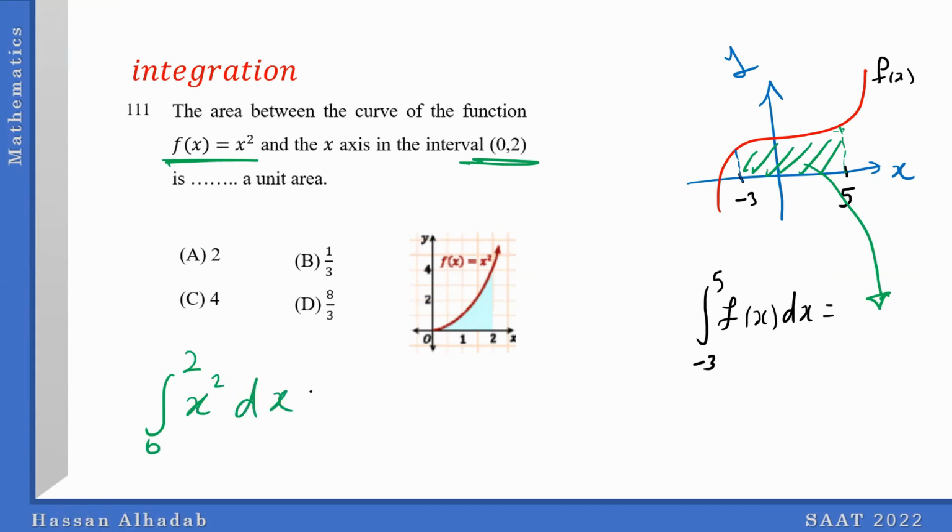So this is x to the third over 3 from 0 to 2, and then you plug in the numbers. When you plug in 2, this is 2 to the third over 3. And as I just said, they always give you 0 to make the calculation easy. This is 0 to the third over 3. So this is just 8 over 3. So the answer is D.